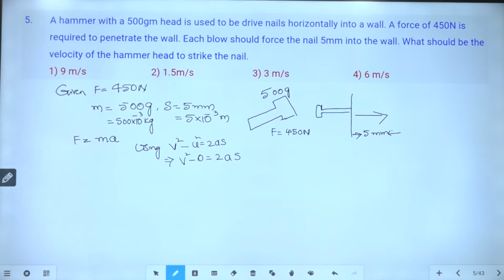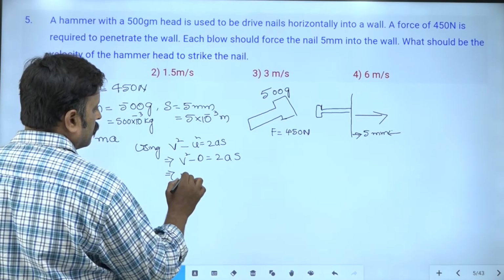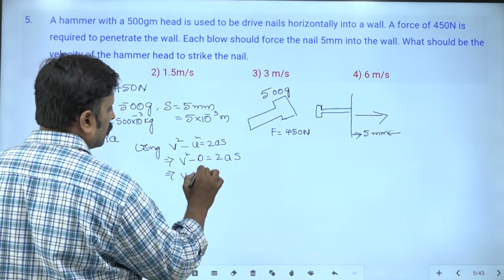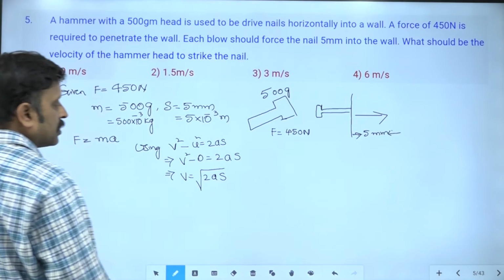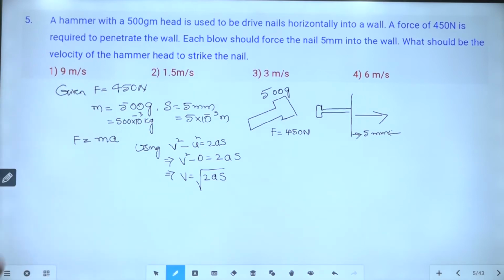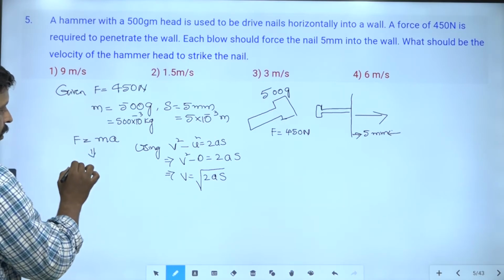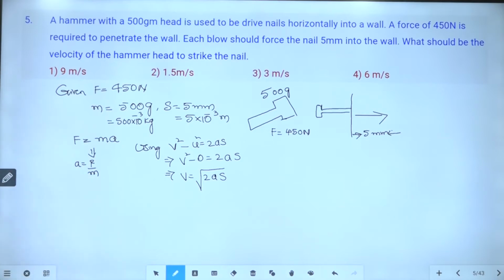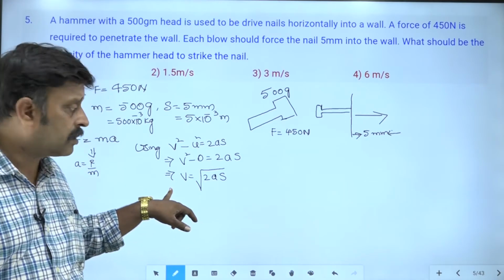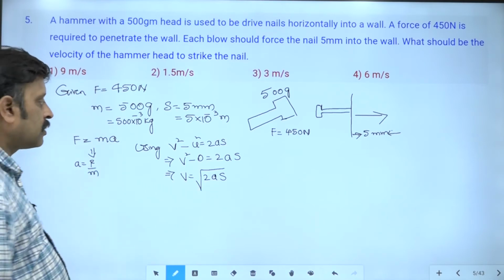From this, V is equal to root 2 a into s. Now, from Newton's second law, can I write acceleration as F by m? Because we don't have acceleration, we want to calculate velocity. So, in place of acceleration, I am substituting force by mass.